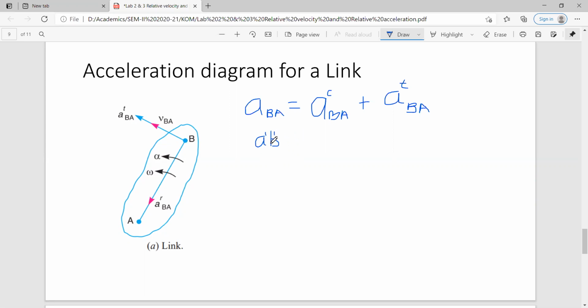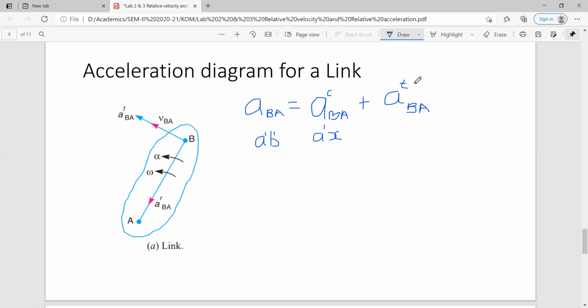Now this vector a dash b dash also has the two components, one is centripetal and one is tangential. The centripetal component will start with the point a dash and it will end at an intermediate point x, a dash x.